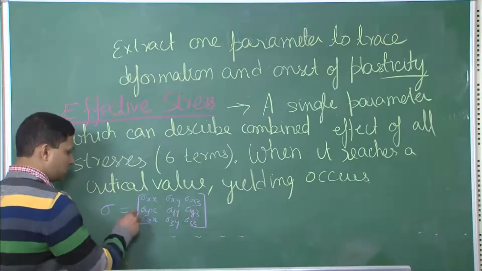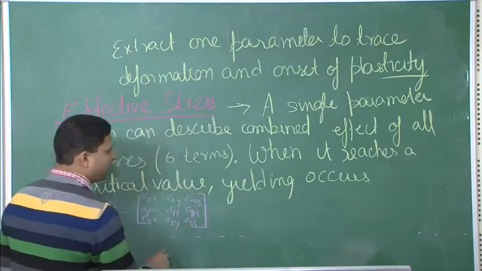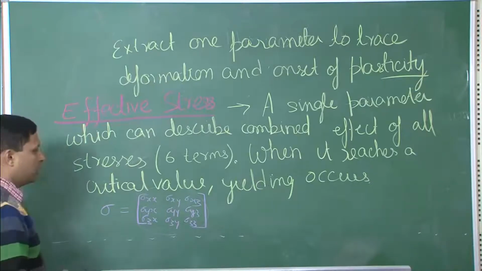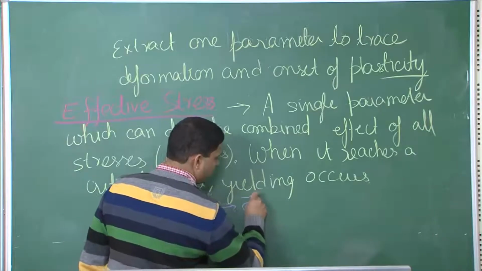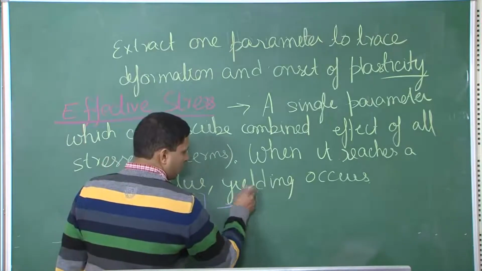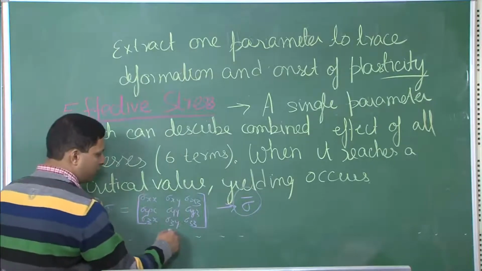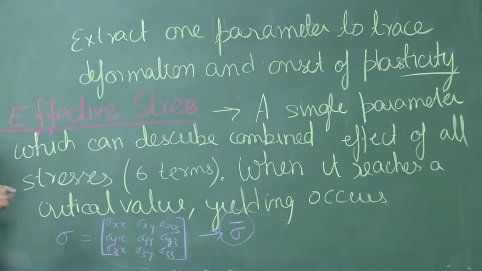What we want is to be able to represent the combined effect of these terms by one single parameter, and this is what we want to represent as sigma effective. So, we want to get this value sigma effective, so that we do not have to deal with so many different terms.